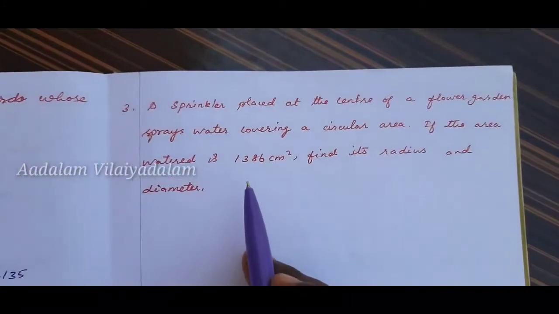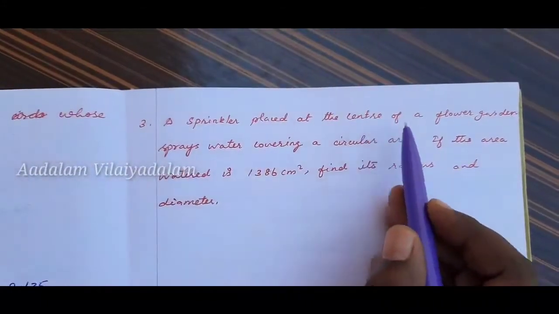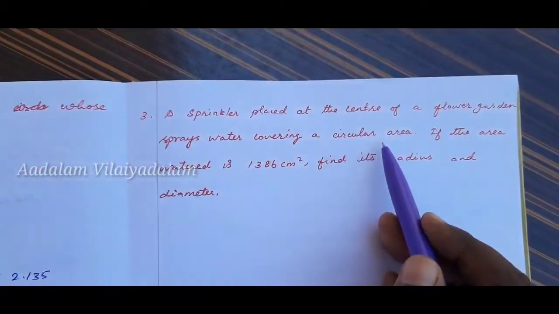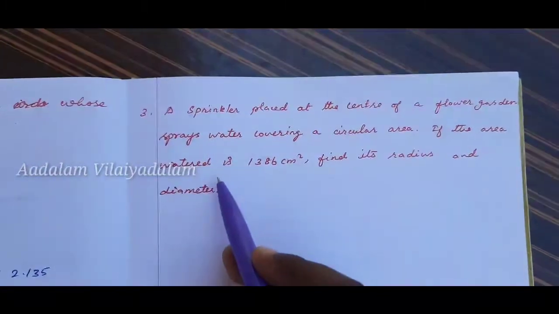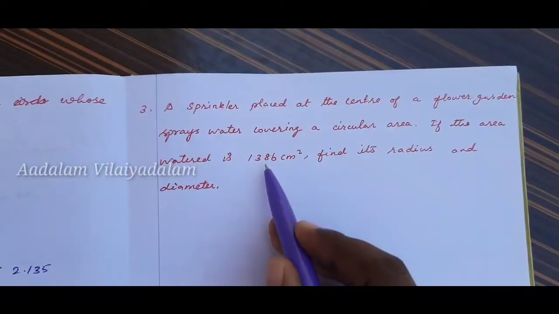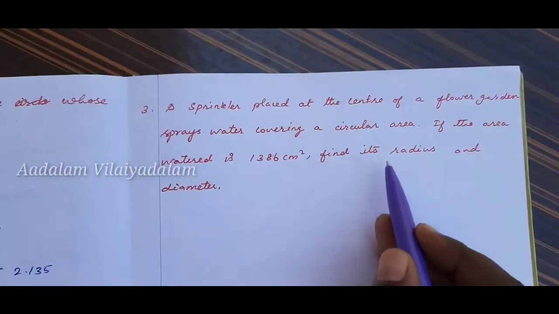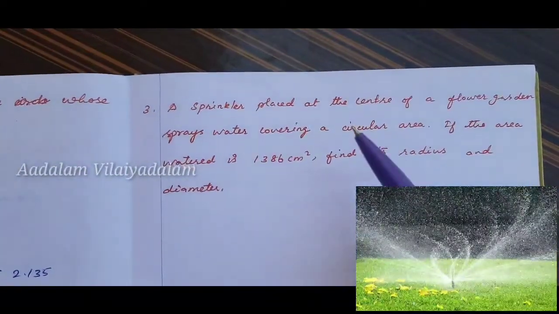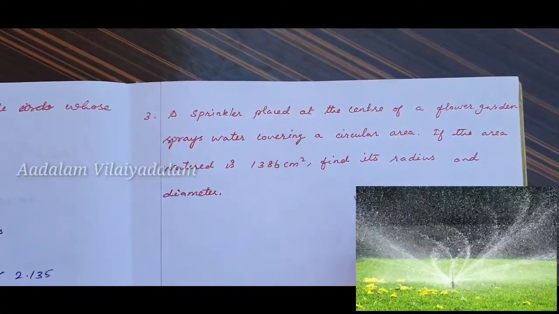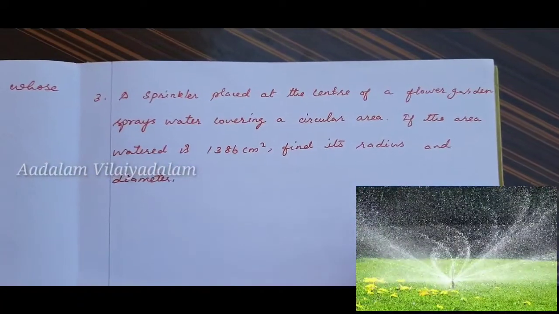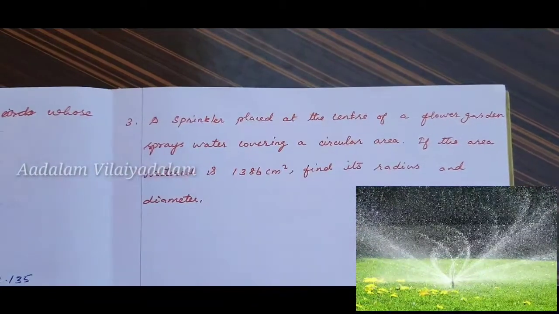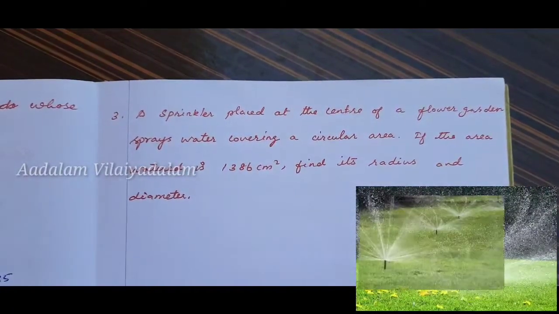Now the third question is, a sprinkler placed at the center of a flower garden sprays water covering a circular area. The area of the water is 1386 centimeters square. Find its radius and diameter. So look at the picture. In the picture you can see that the sprinkler sprays the water covering the circular area.